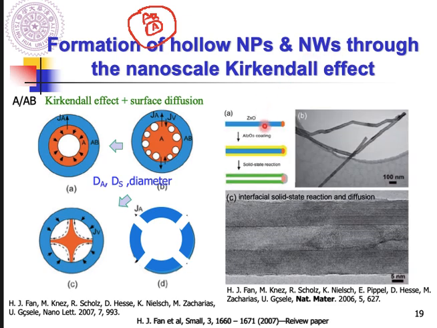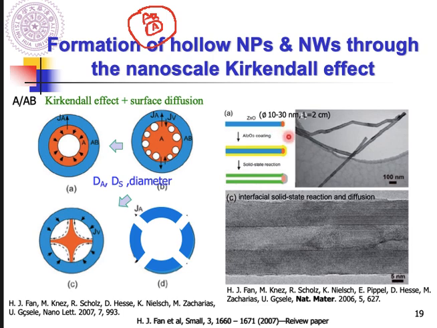So in the beginning, we pre-synthesize the zinc oxide wire, and the diameter here is around 10 to 30 nanometers, and the length actually is 2 centimeters long.